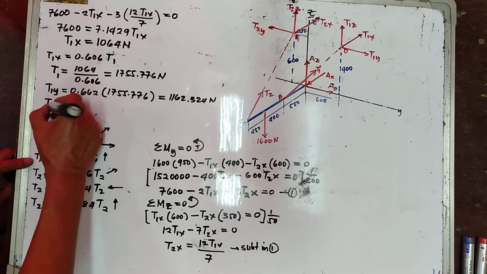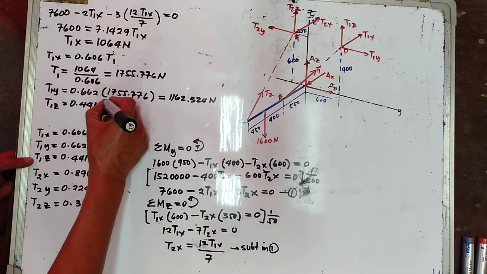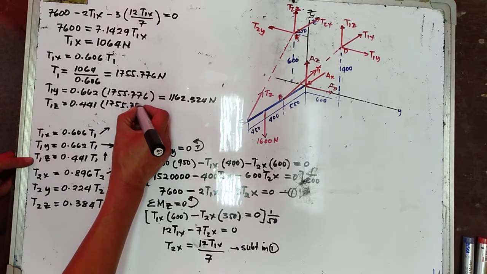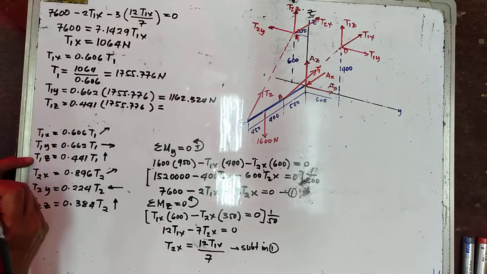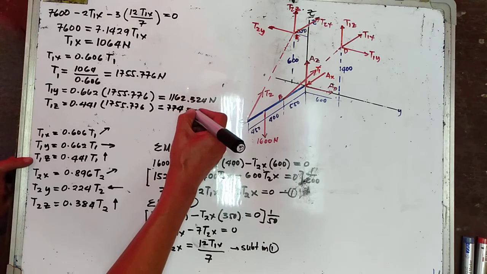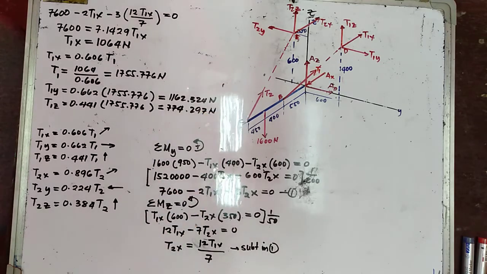And your T1Z is equal to 0.441 T1, that is 0.441 times 1755.776, which is equal to 774.297 newtons.